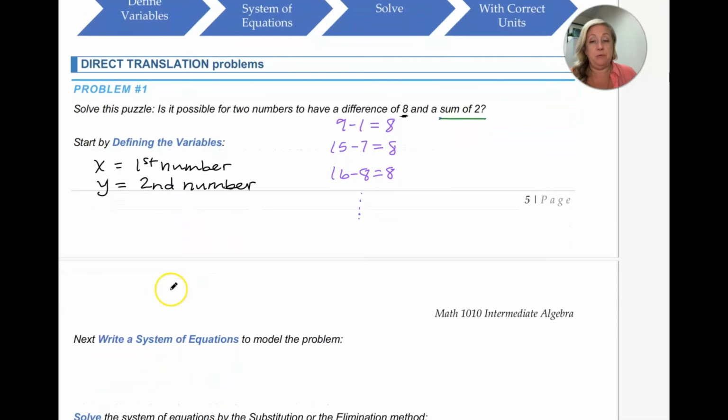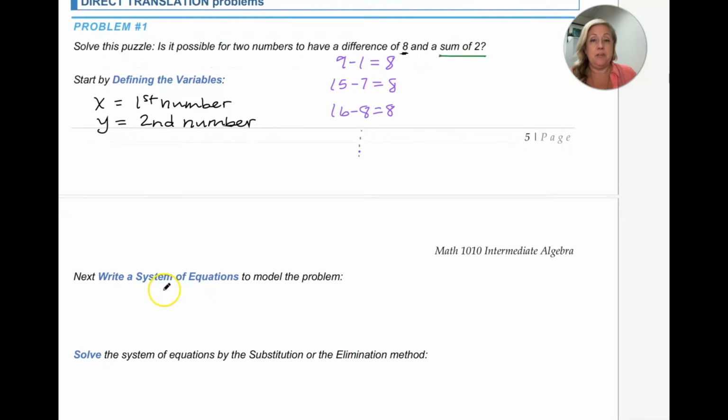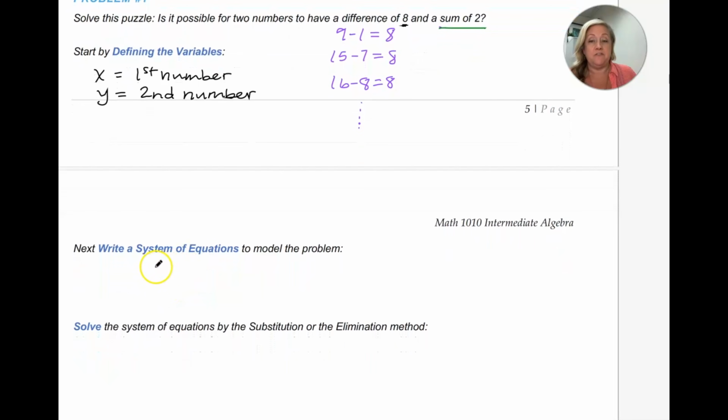We've got our variables. Let's go ahead and set up a system of equations for this. So let's take a look at this first here, right? So two numbers that have a difference of 8. Well, I said my numbers are x and y, so I'm going to say x minus y equals 8.